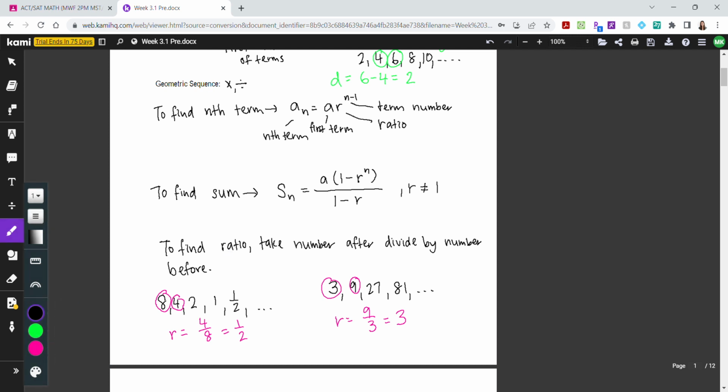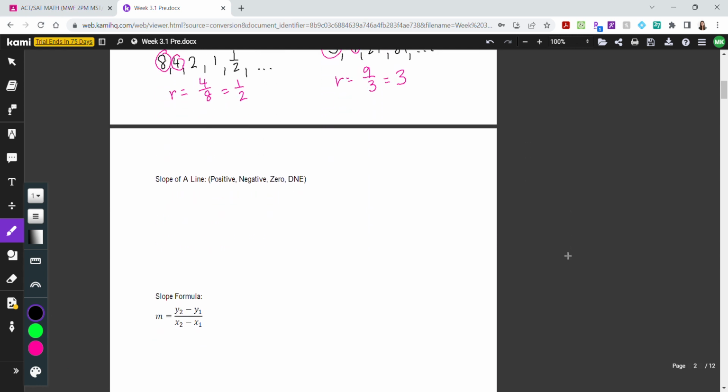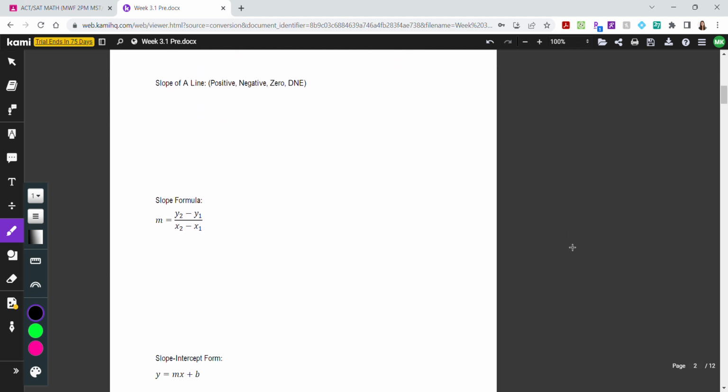All right. Now, the next thing that we have is very important, especially in linear equations, which is the slope of a line and how they look. Very briefly, if it looks like it's going uphill, it's a positive slope. If it looks like it's going downhill, it is a negative slope.